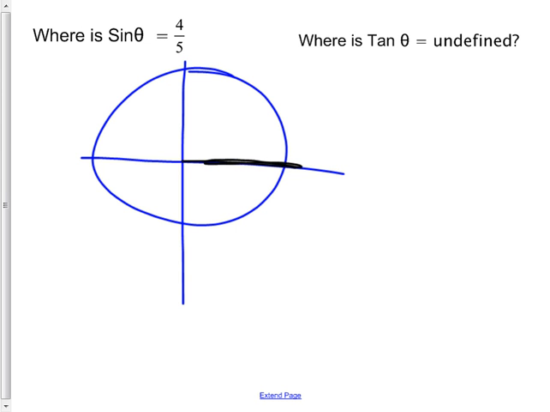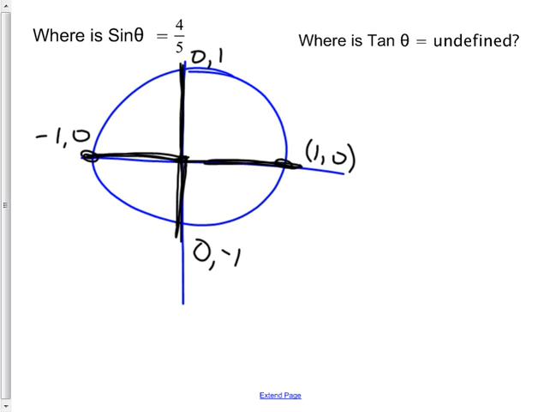Either here, which is at 1, 0, or here, which is at 0, 1, or here, which is at -1, 0, or here, which is at 0, -1. And which one is it? Is it 0, 90, 270, 360, 180? What do you think?